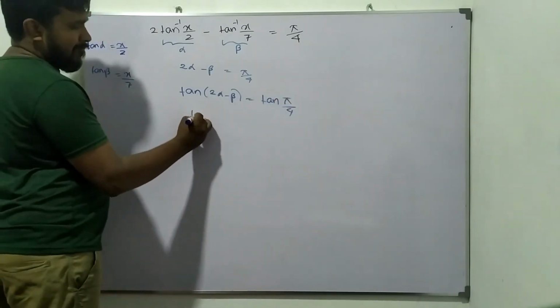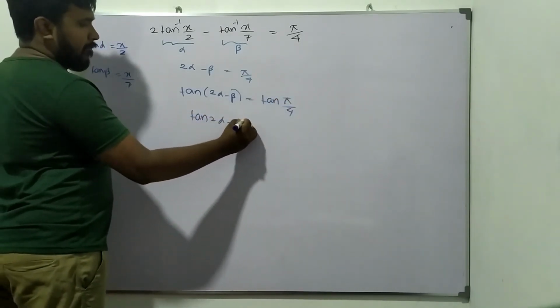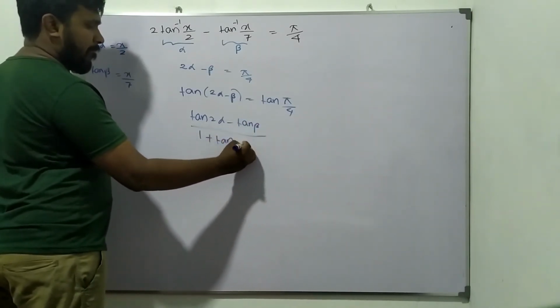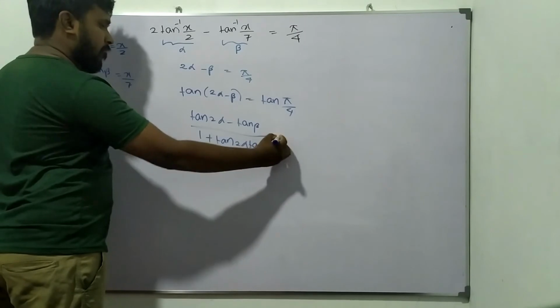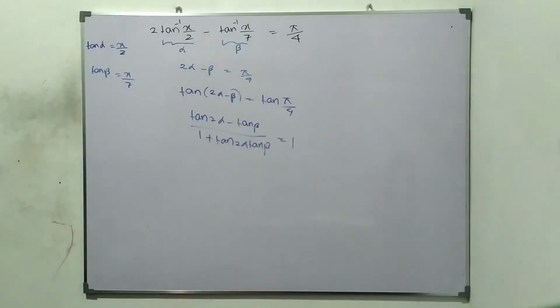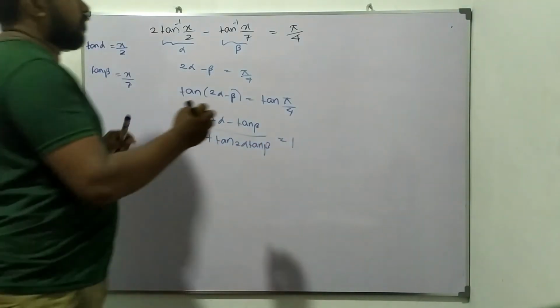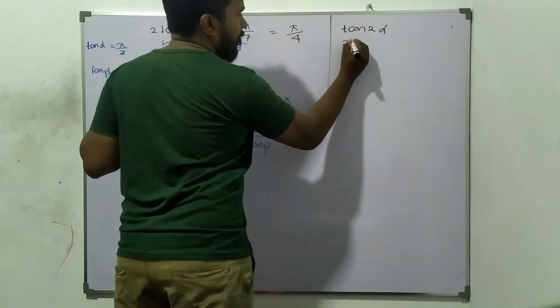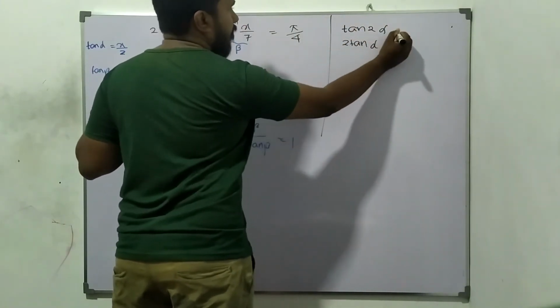So when you expand it, you will get tan 2 alpha minus tan beta over 1 plus tan 2 alpha tan beta equal 1. So separately you have to find tan 2 alpha. Tan 2 alpha means again 2 tan alpha over 1 minus tan squared alpha, no?